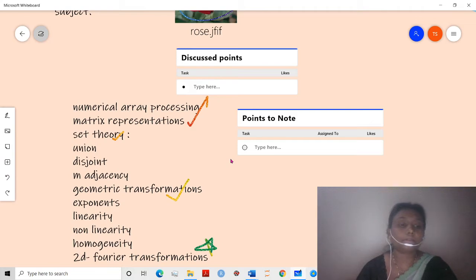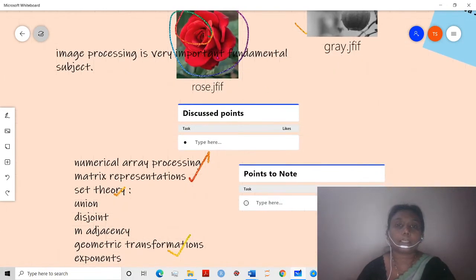the field of digital image processing mainly refers to processing the digital image by means of a digital computer. Why are we using the word digital? Because whatever image we take in, those images are saved within the digital computer.